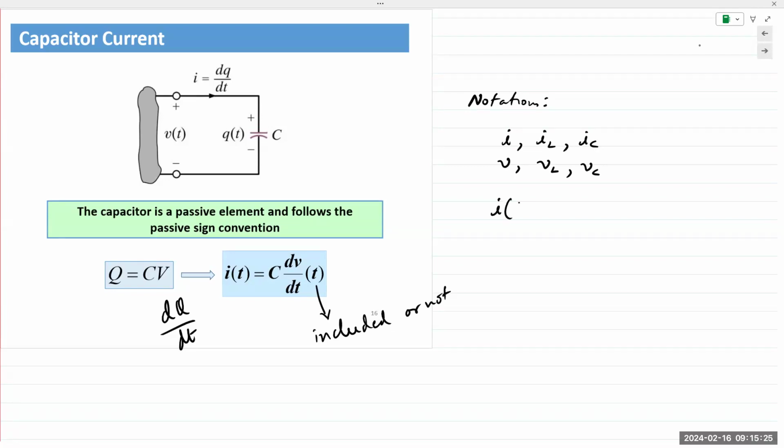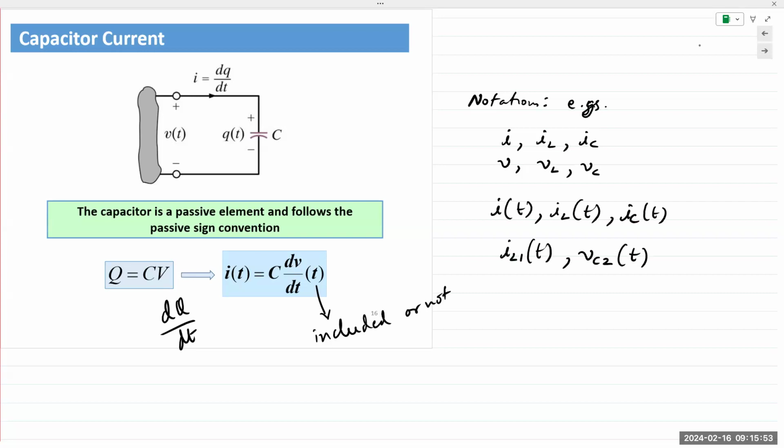So you could have I of t or IL of t or IC of t. If you have more than one capacitor or inductor, you might have L1, L2, L3, C1, C2, C3, and then you'd have one more subscript in there. You could have IL1 of t or VC2 of t.